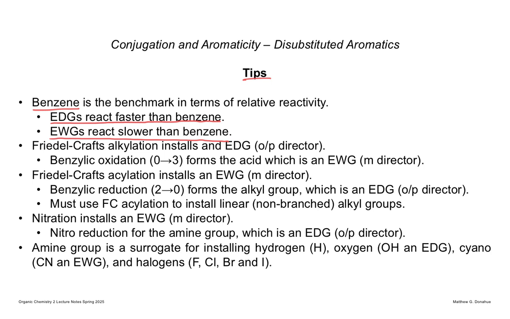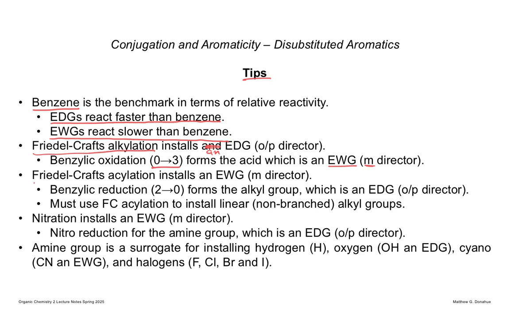The Friedel-Crafts alkylation reaction installs an electron donating group, ortho-para director. So that's getting your oxidation state 0 carbon onto the ring. You can oxidize that carbon, so 0 to 3, to the acid derivative, which is now an electron withdrawing group or a meta-director.